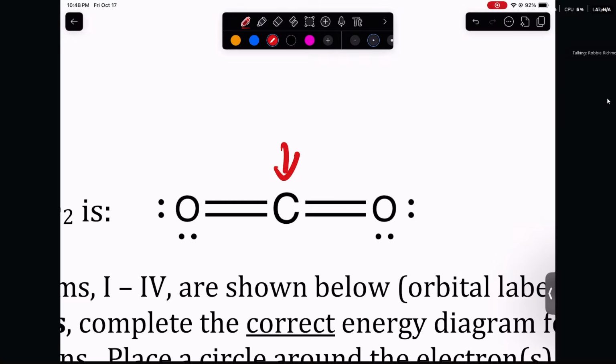If you're thinking 2, that is the correct answer. And I know some people see two lines and you're thinking two electron domains. I want to throw that out of the water. If you see any bonding, it doesn't matter if it's a single, a double, or a triple, those all are one electron domain.